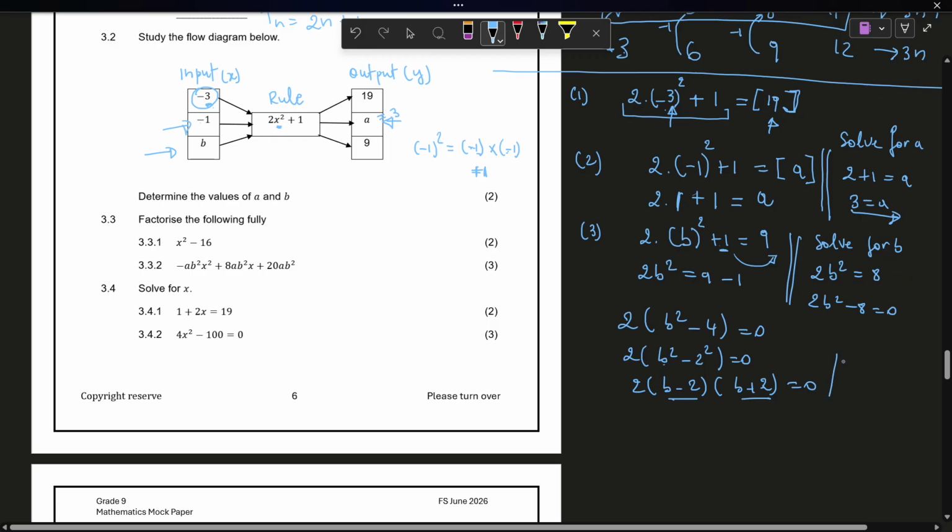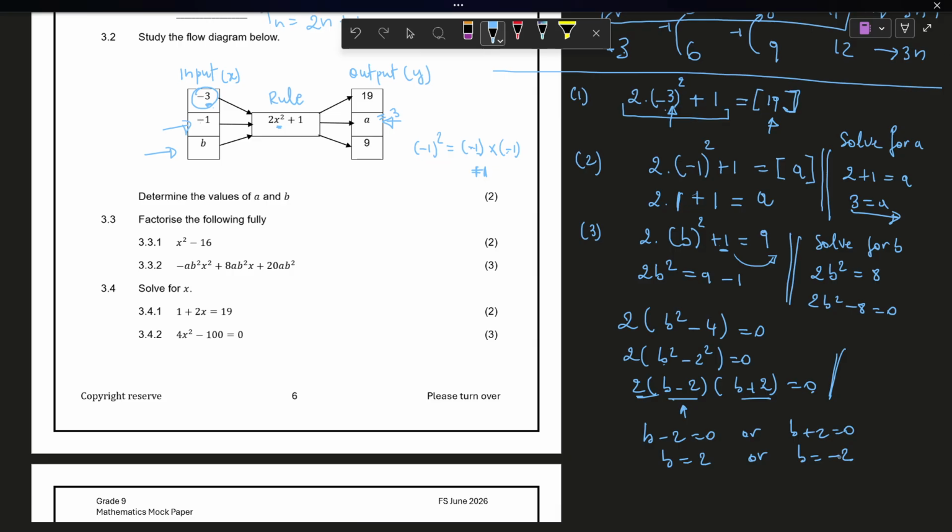Because 2 cannot be 0, it's either b minus 2 is equal to 0 or b plus 2 equals 0. So the answer would be b equals 2 or b equals minus 2, right? I think that is the answer.